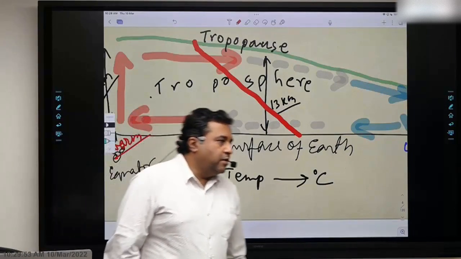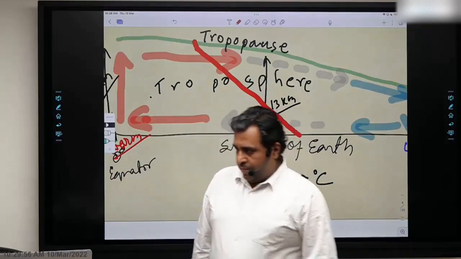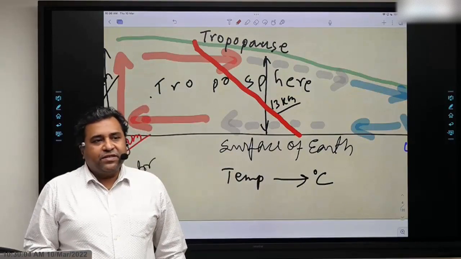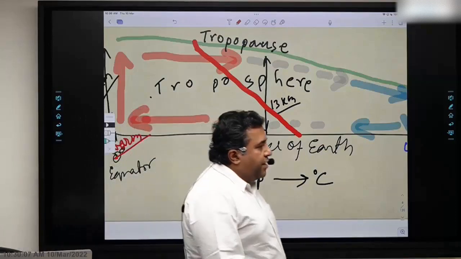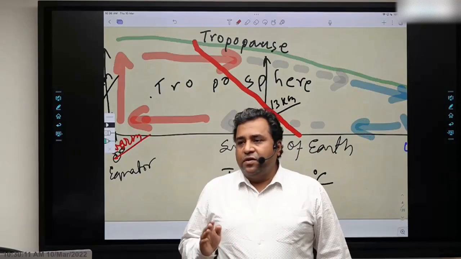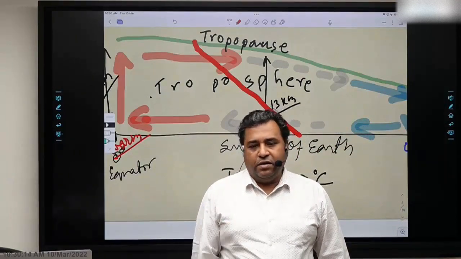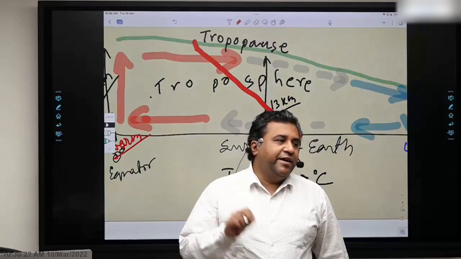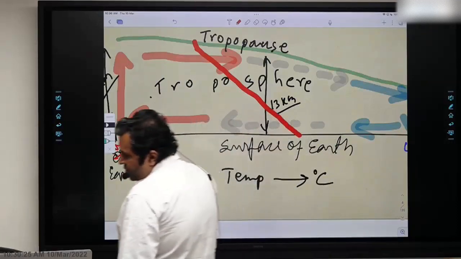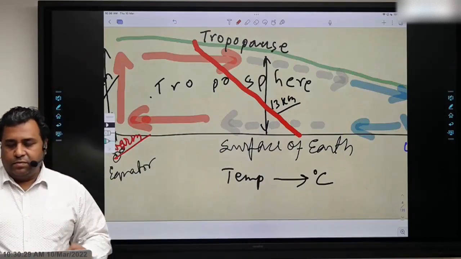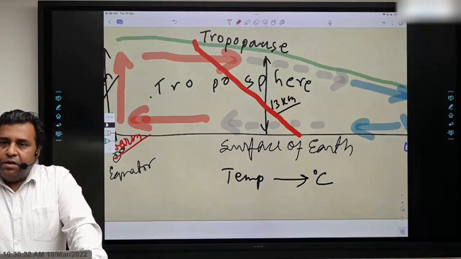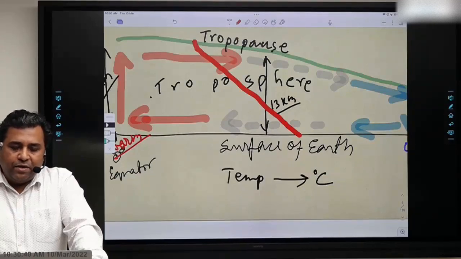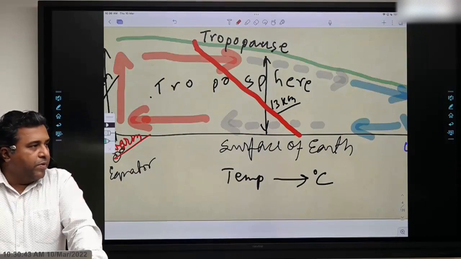Temperature decreases with altitude at a nearly fixed rate of 1 degree Celsius decrease for every 165 meter increase in height, known as normal lapse rate of temperature.